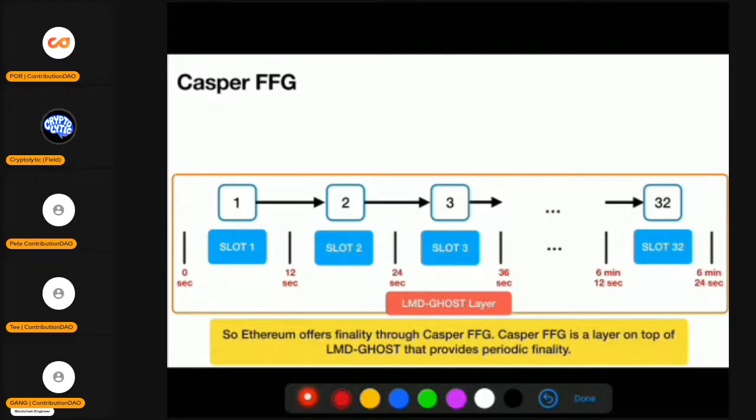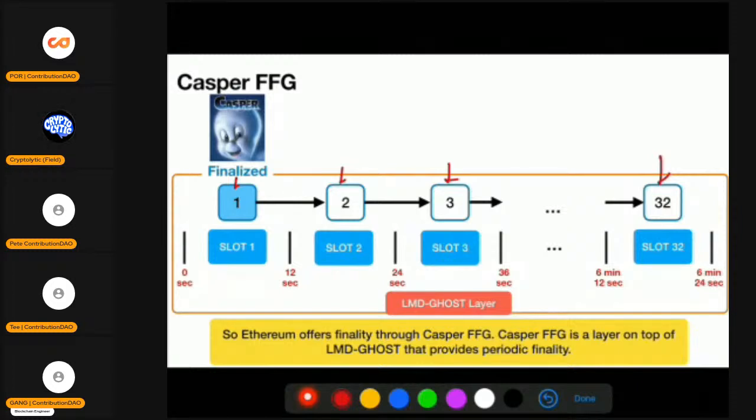Now, Casper FFG is quite easy. You have the LMD GHOST layer here, which is almost a complete layer for the Ethereum consensus protocol, and now you have Casper FFG building on top, trying to provide finality for slots in Ethereum.